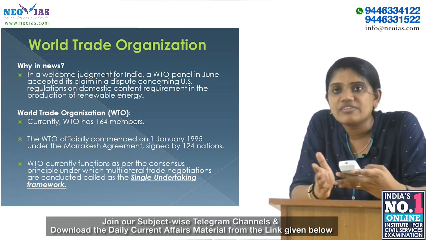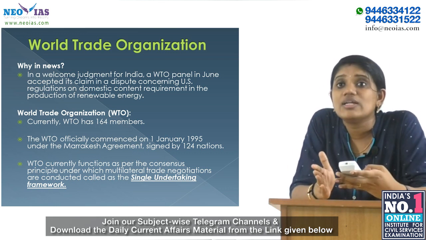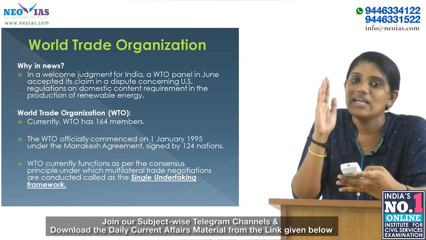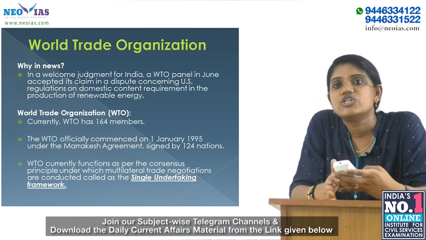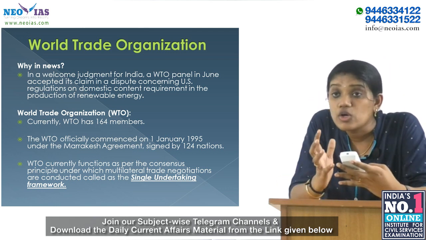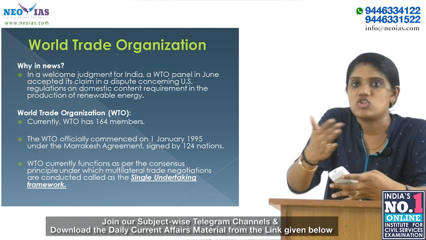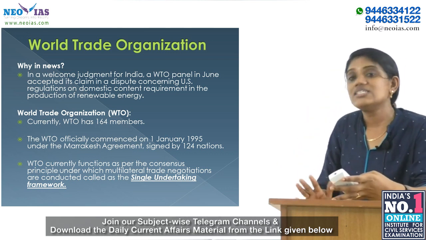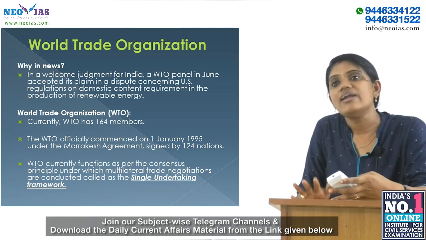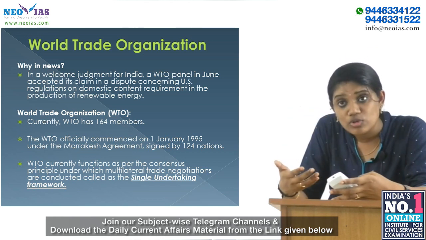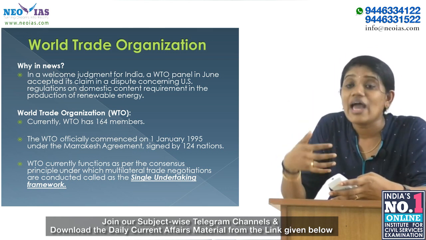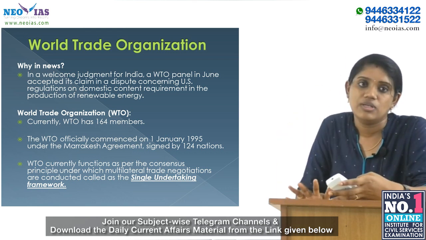So, talking about the World Trade Organization, the WTO is the only global international organization dealing with the rules of trade between nations. We know that. So, we can say its main function is to ensure that trade flows as smoothly, predictably and freely as possible.